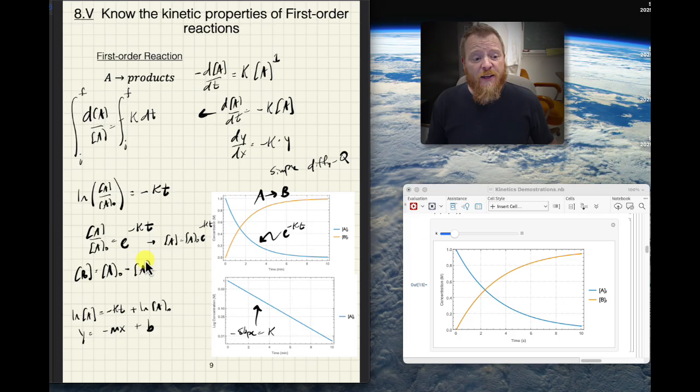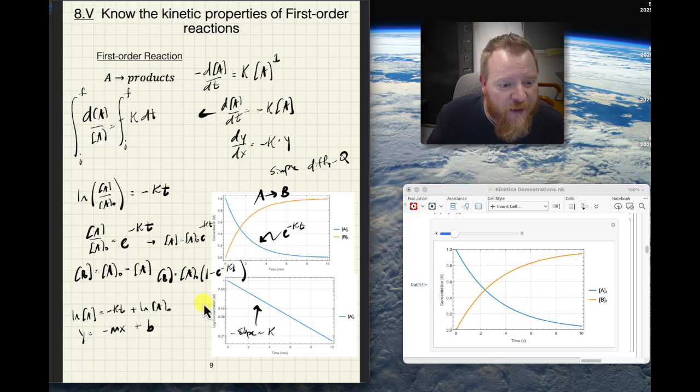So if we make those substitutions for the product, or in this case for B, we would end up with B, our product, equals the initial concentration times 1 minus e to the minus kt.